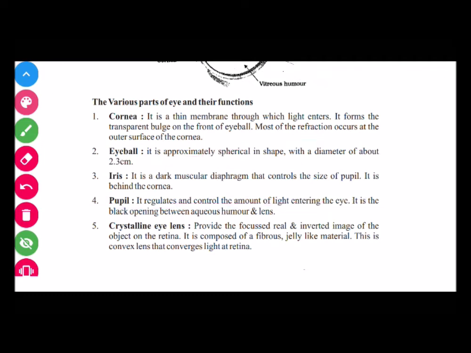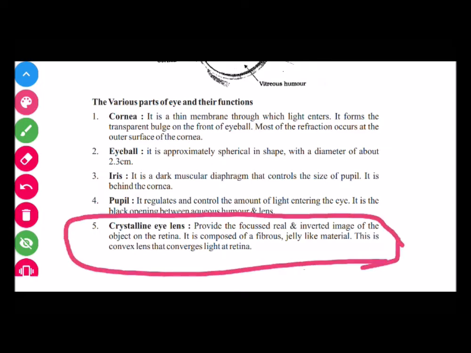Now, I will tell you about a dark muscular diaphragm in front of your lens. It is called iris. And through a small hole, actually light enters into your eyeball, and that small hole is called pupil. Ready? Now, about our lens. Read it. It provides the focused, real and inverted image of the object on the retina.